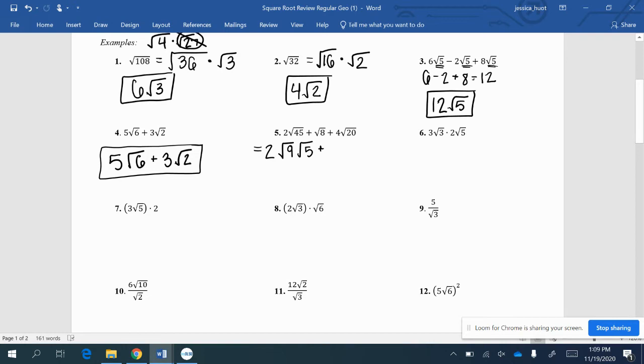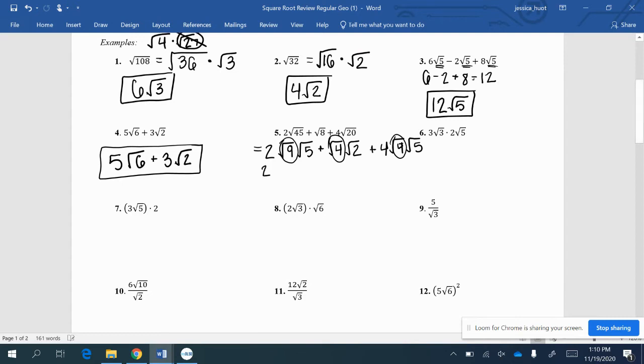the square root of 8 can be broken up into 4 and 2. And then 4 times the square root of 20, which is 4 times 5. 4 is a perfect square. So then I'm going to take the square root of all of my perfect squares here.